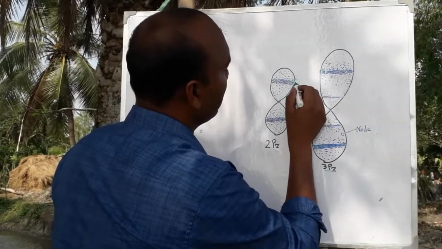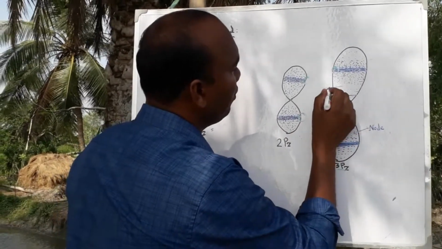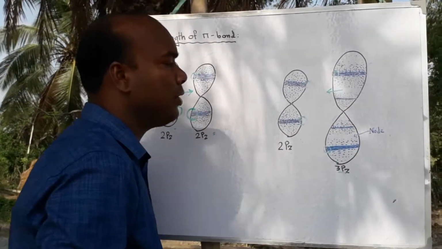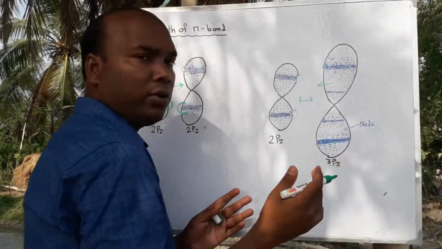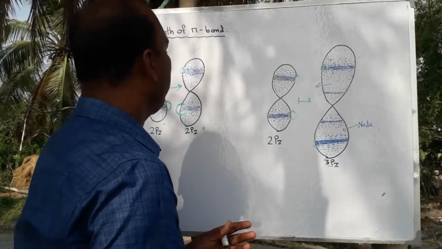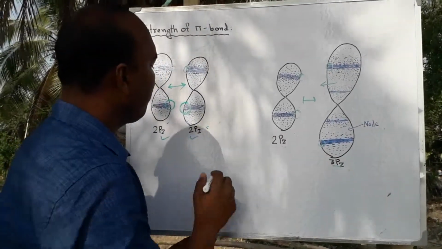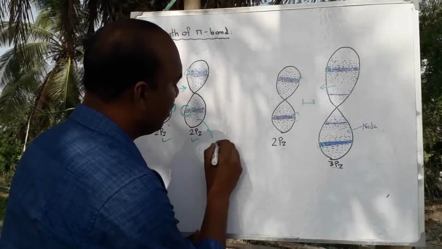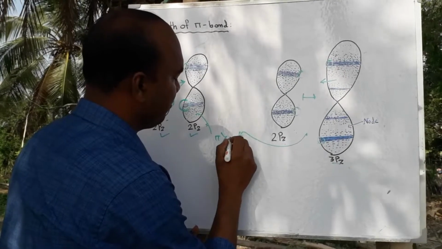Look here, near the maximum electron cloud density of 2pz there is a node in the 3pz. So there the electron overlapping will not be as strong as in the case of 2pz. So this pi bond is stronger than this pi bond.